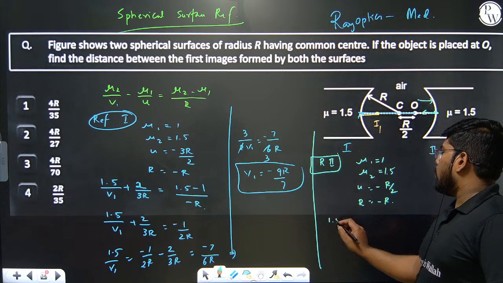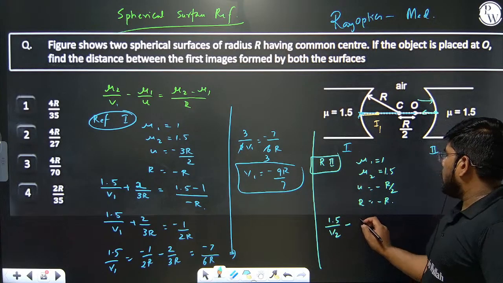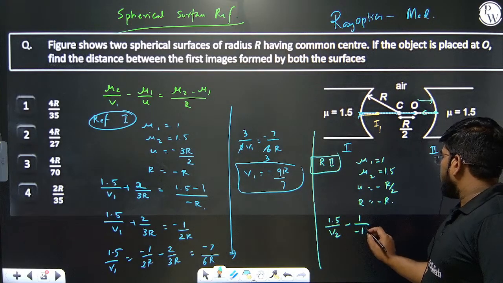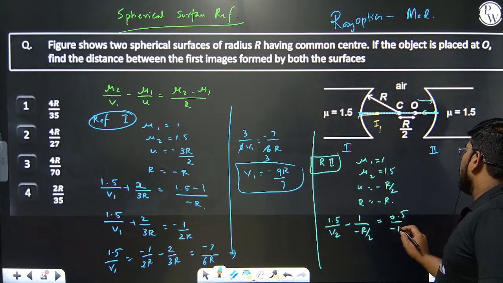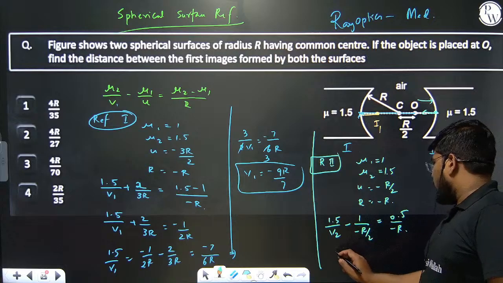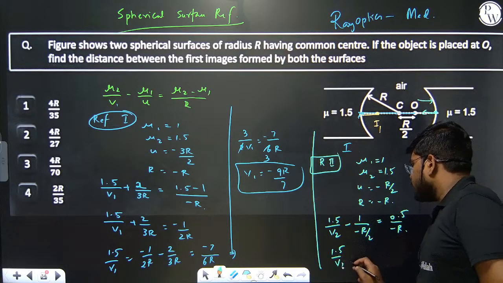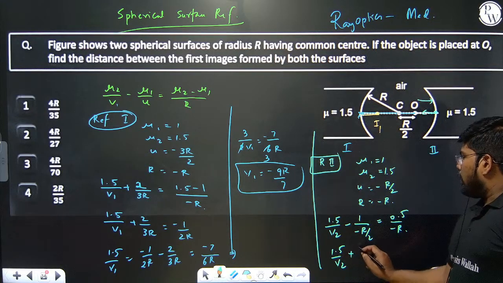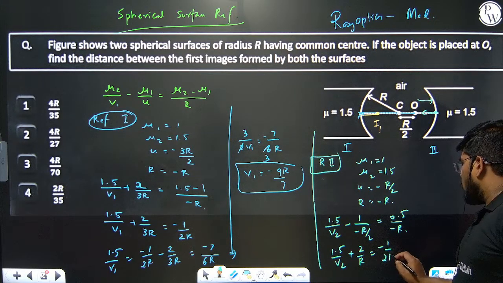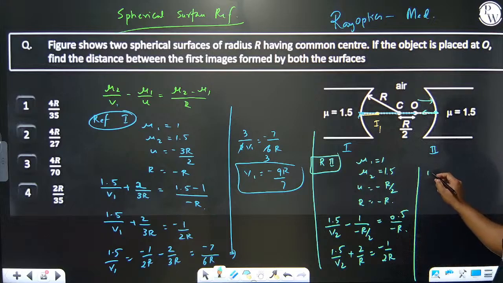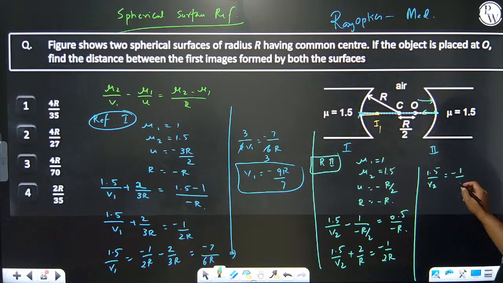So mu2, 1.5 by V2 minus 1 by minus R by 2 is equal to 1.5 minus 1, 0.5 by minus R. So minus minus becomes plus, 1.5 by V2 plus 2 by R is equal to minus 1 by 2R. If you solve, again it is a little bit lengthy, you should do these kinds of questions in round 2.